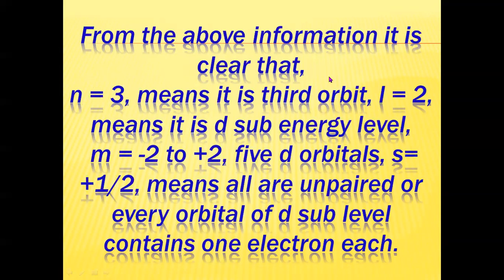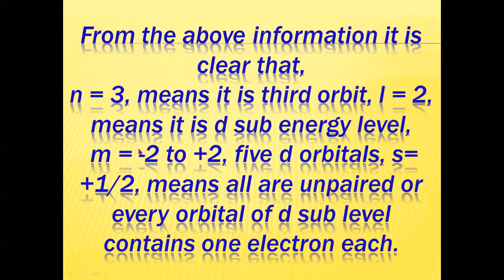The value of the azimuthal quantum number, 2, tells us it belongs to the d sub energy level. And the values of m, the magnetic quantum number, say that there are 5 orbitals from -2 to +2, meaning -2, -1, 0, +1, +2.